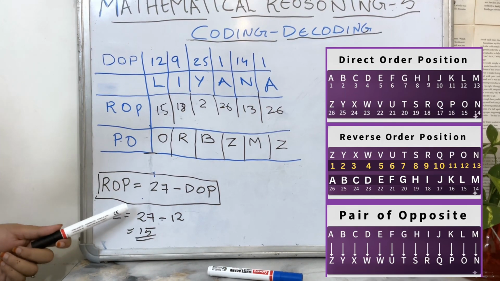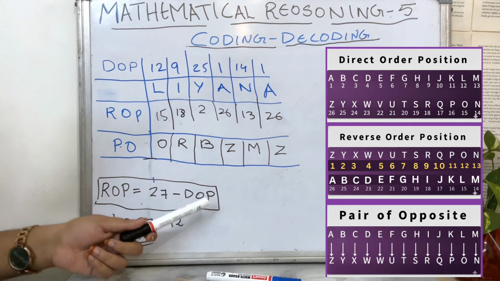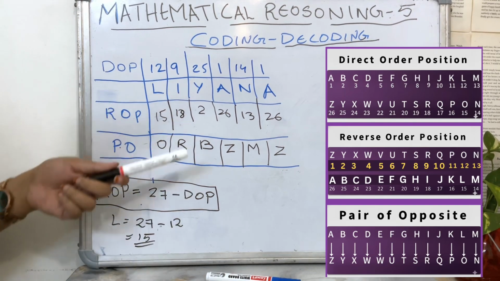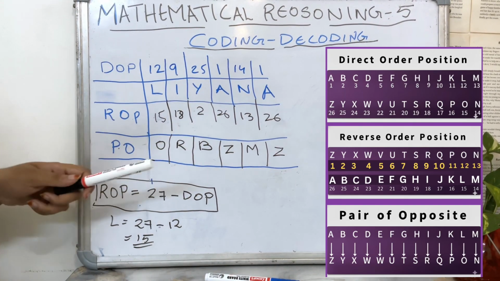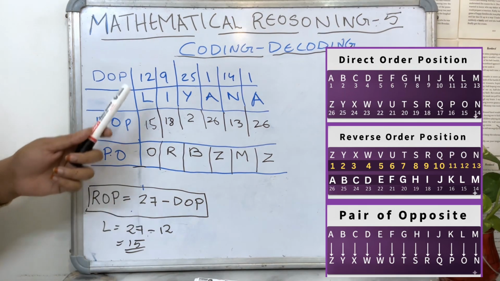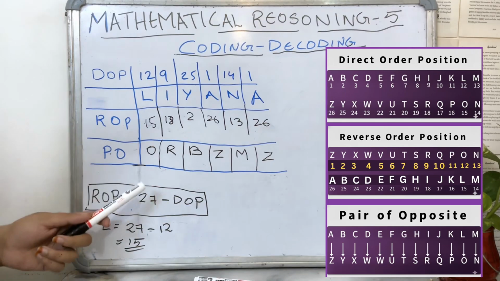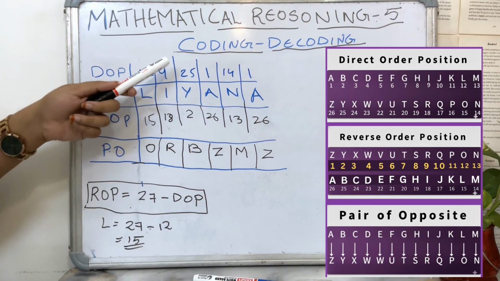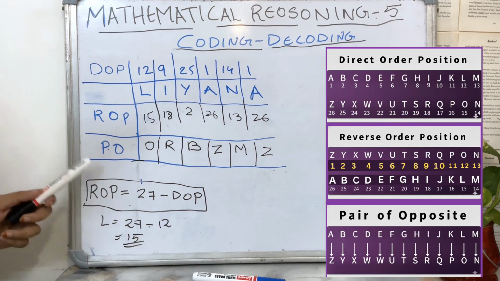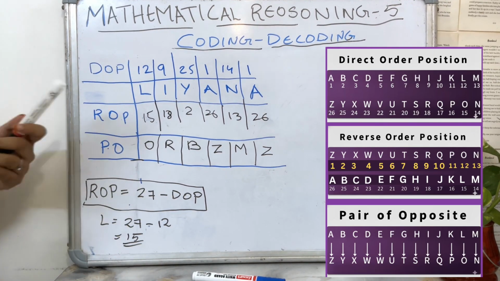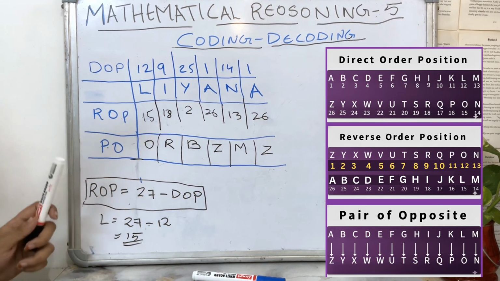For finding ROP, you can use the equation 27 minus DOP. Keep on practicing so that coding and decoding will be easier for you. These are the three basic formulas that you have to study in this coding and decoding chapter. Using these three formulas, you can solve any questions coming from this topic.